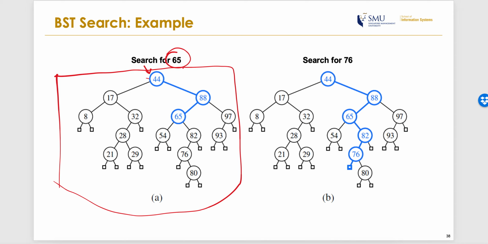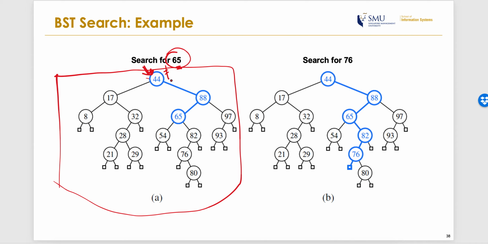For example, if you're going to be searching for 65 and we're going to start at the root, now at the root, we can check whether or not 65 equals 44, but it is not, right? Then we can decide, do I want to go to the left or do I want to go to the right? But anything to the left of 44 is smaller. And since 65 is already larger than 44, then there is no necessity for us to go to the left. We can just go to the right.